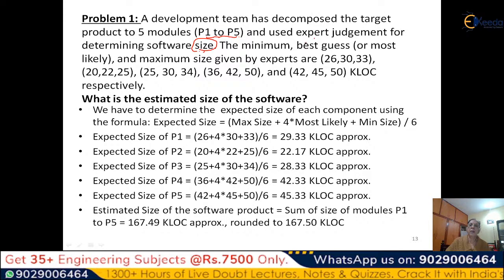The expert provides a minimum guess, a most likely guess, and a maximum guess. So for each component P1 to P5 he gives 3 estimates. For P1, 26 is the minimum, the maximum is the worst case, and this is the most likely, the average.